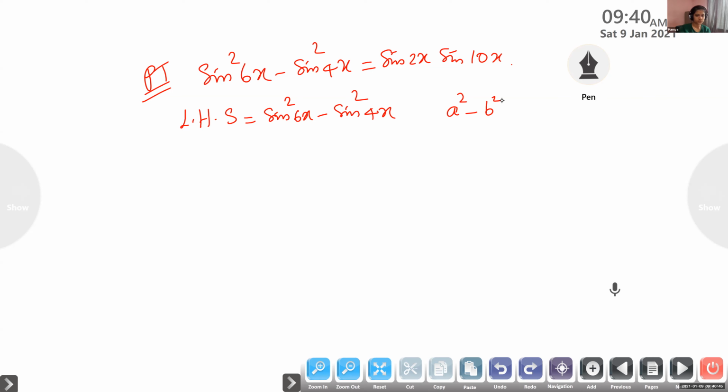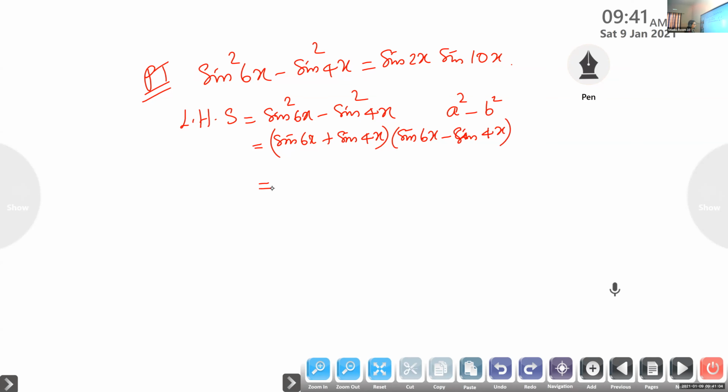Identity: a plus b into a minus b. So we can write this as sine 6x plus sine 4x into sine 6x minus sine 4x.